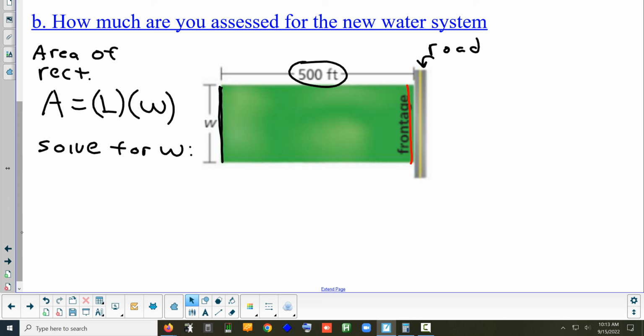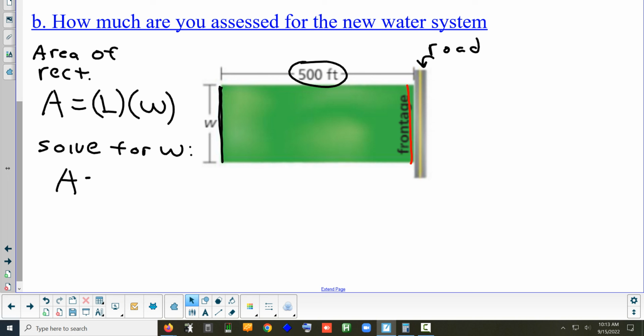So when I'm done, I want to have something with a W on one side and nothing else with it. What's with the W that we don't want there if we're trying to get W by itself? Yep, the length. If we're trying to solve for W, then that means W wants to be alone. Doesn't want anything next to it.